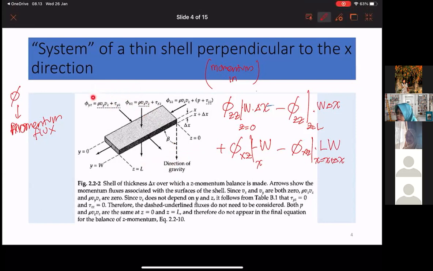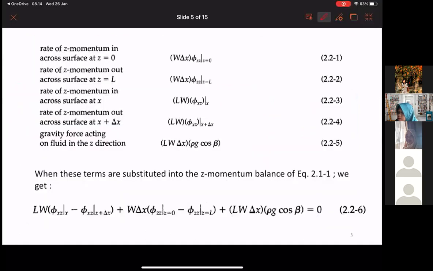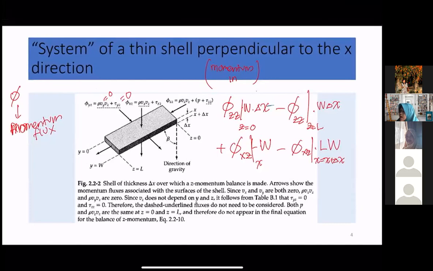But I'm actually going to just delete it, because I know that Vy is 0, so this one is 0, and tau yz is also 0 because we don't have dVz divided by dy. We don't have a difference here, so that equals 0. So I'm going to neglect this one. And then plus the gravity.